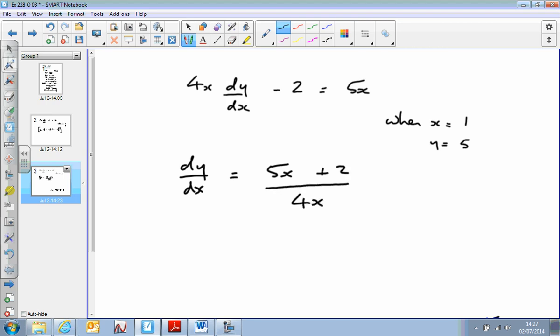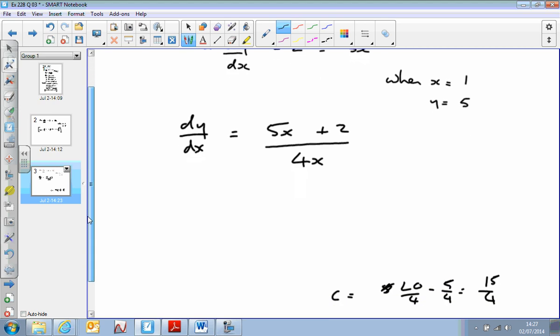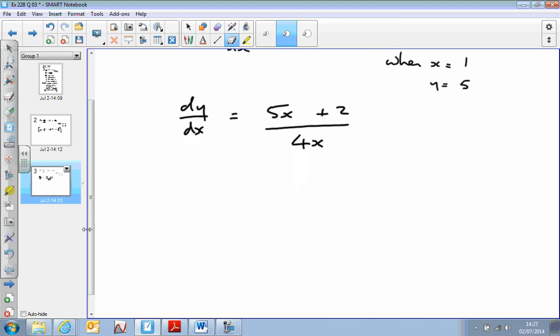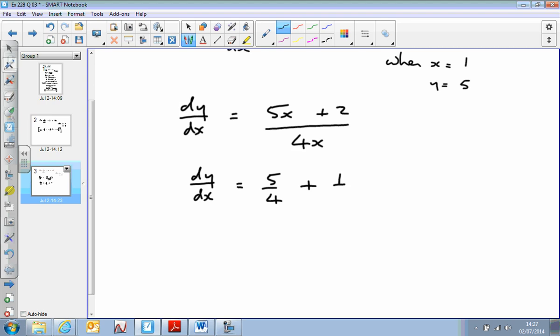But again, I would divide each term separately by 4x. So I'd get dy by dx equals, x's cancel, so we get just 5 over 4 plus 2 over 4x, which is a half over x.